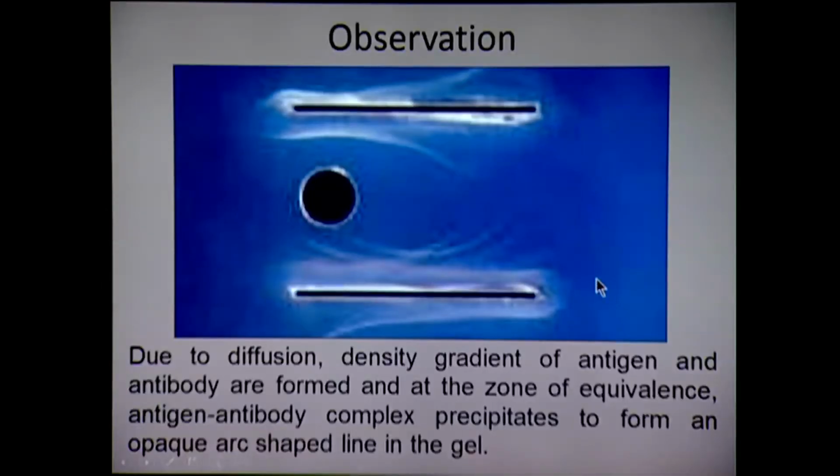Counting the number of arcs, we can find out whether an antiserum is homogeneous or heterogeneous. One precipitin line between the antigen well and antibody trough indicates the presence of one antibody in the antiserum.